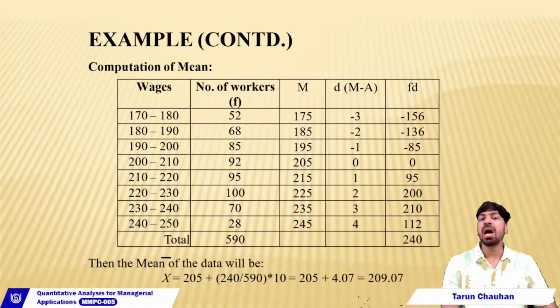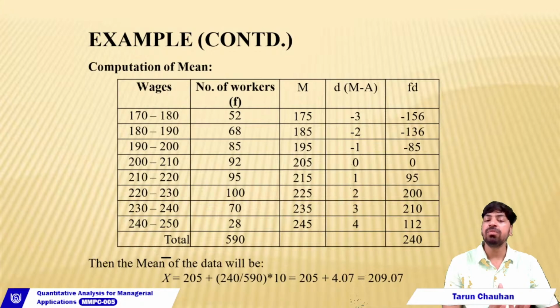So what is the formula of mean? That is A plus sigma FD by sigma F into H or C. A is the assumed value, that is 205. That is the formula of mean: A plus sigma FD by sigma F into 10. So you will get the mean.